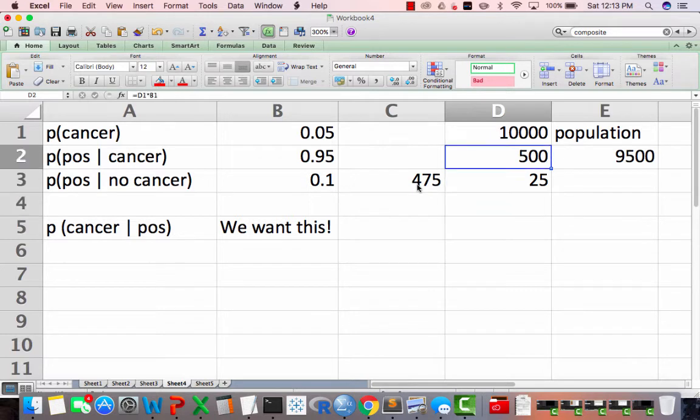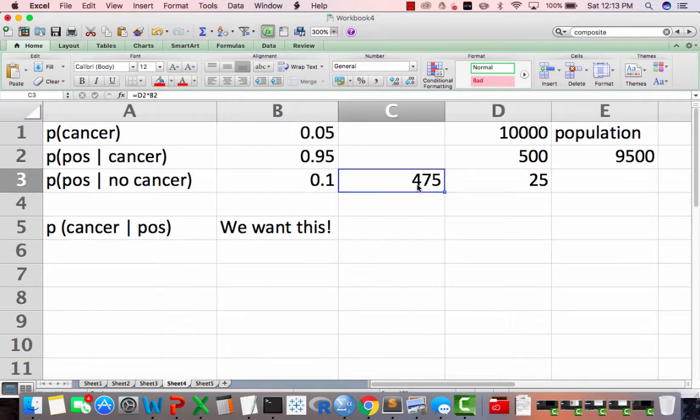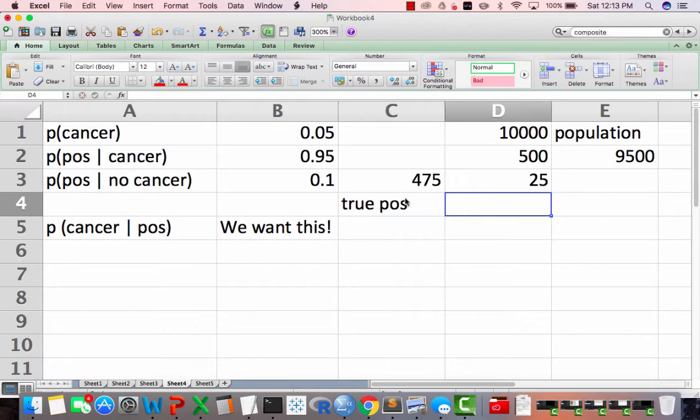So these 500 are the people with cancer, and these 9,500 are the people without cancer. 475 people from the group who have cancer get correctly classified, so that's a true positive, and this is our false negative.